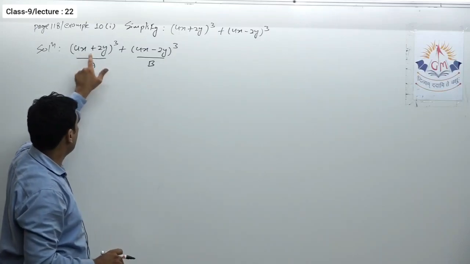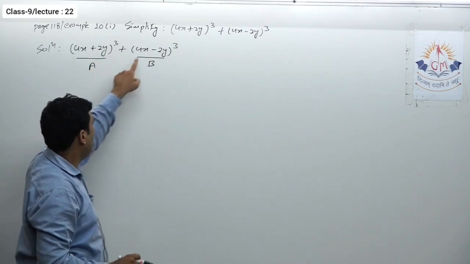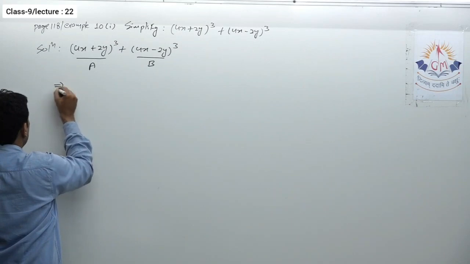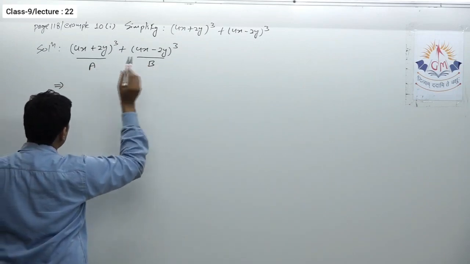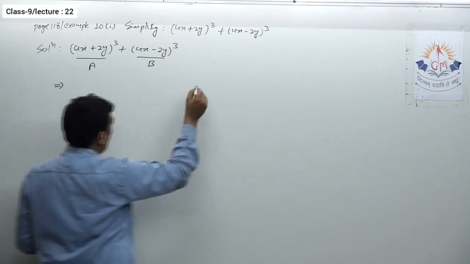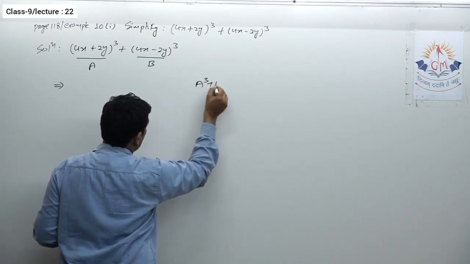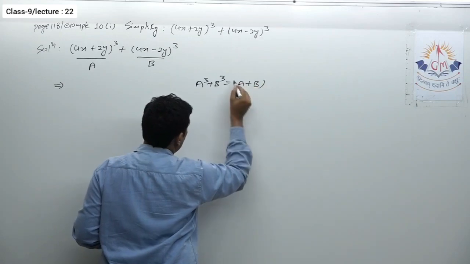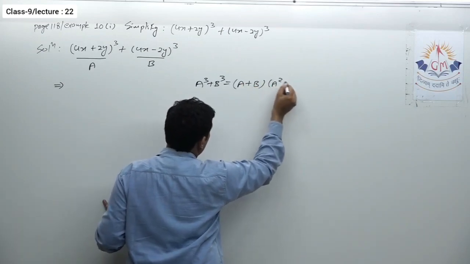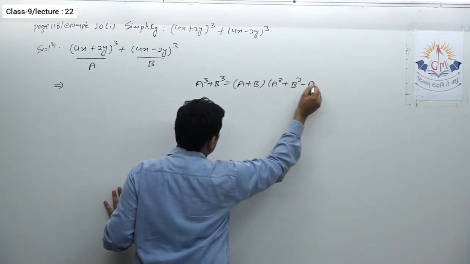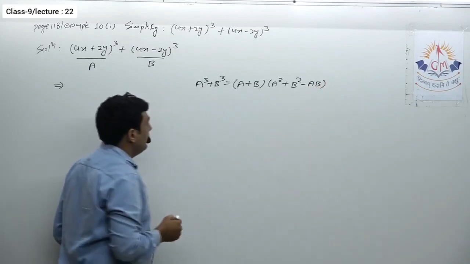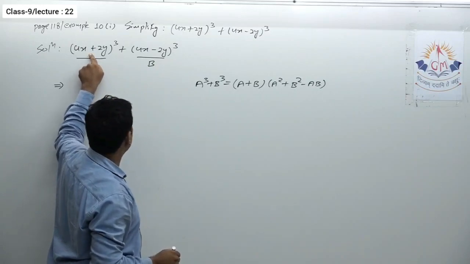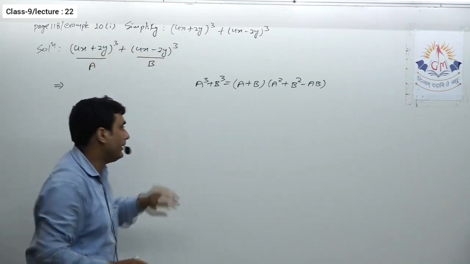So here I am considering 4x plus 2y as a and 4x minus 2y as b. So by applying the identity of a cube plus b cube, now the identity of a cube plus b cube is equal to a plus b into a square plus b square minus ab. Over here a is 4x plus 2y, b is 4x minus 2y.